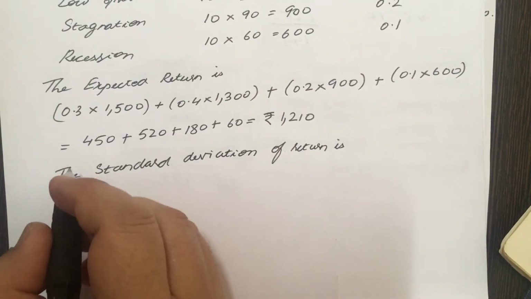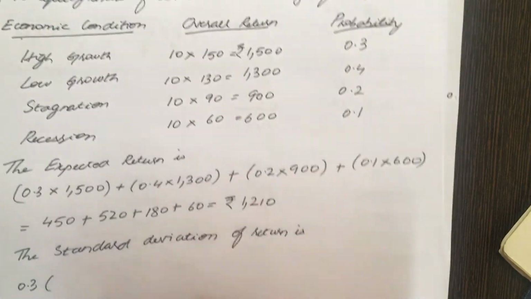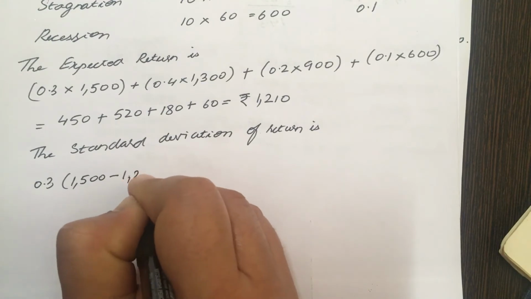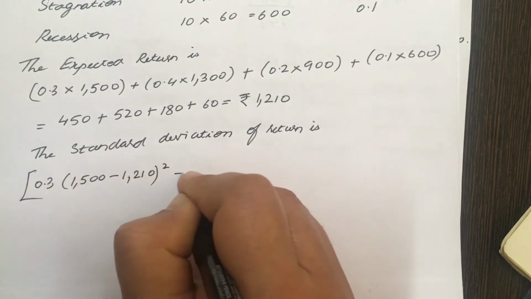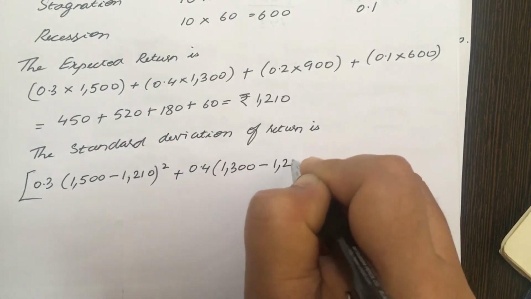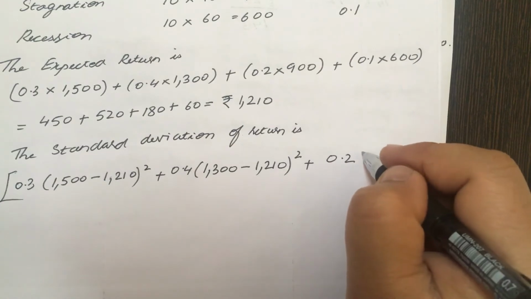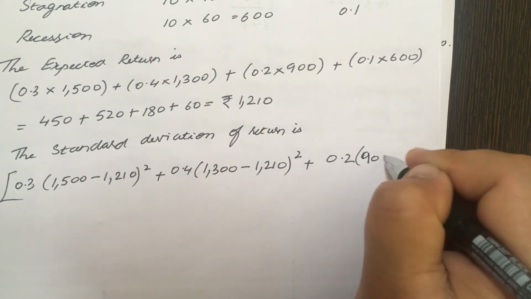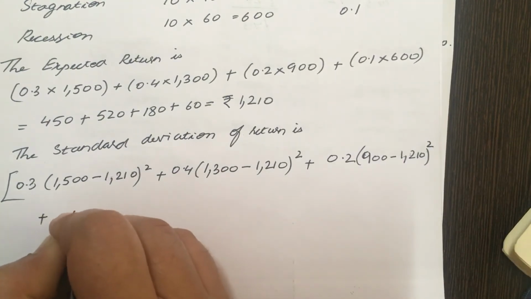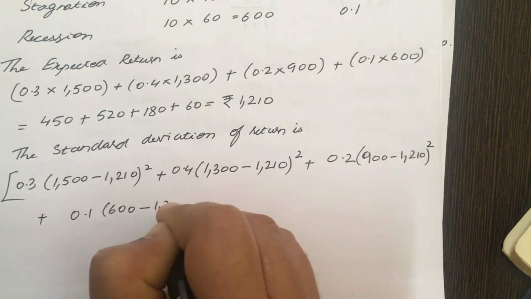So standard deviation is 0.3 into 1,500 minus 1210 to the power 2, then 0.4 into 1,300 minus 1210 to the power 2, plus 0.2 into 900 minus 1210 to the power 2, plus 0.1 into 600 minus 1210.